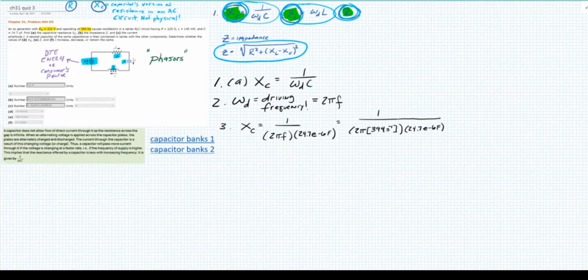So what is all of this? 1 divided by 2 divided by pi... $16 and some change. 16.354. The units do work out to be ohms.